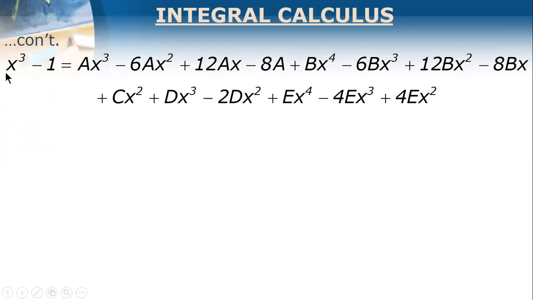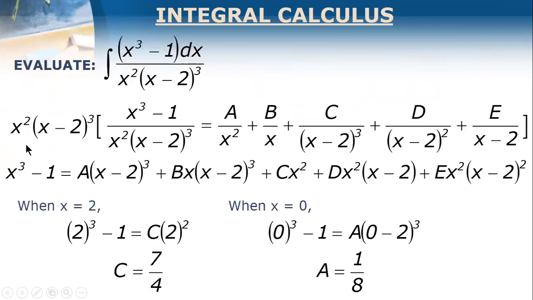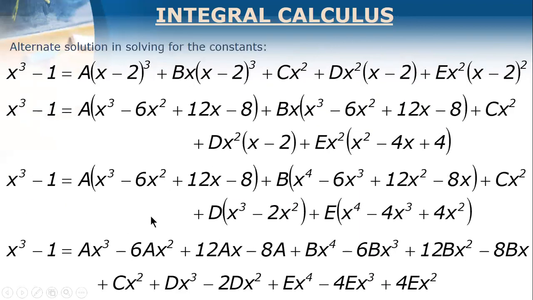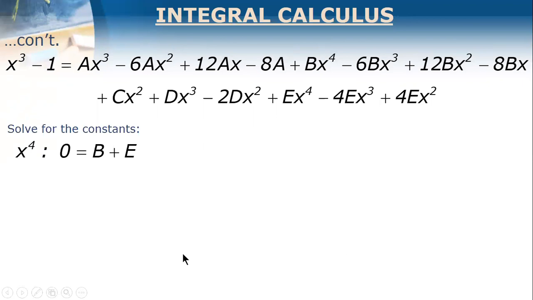And since we don't have a term containing x raised to 4 sa left side, therefore 0. And then we have this. X raised to 4, 0 sa left side because we don't have a term containing x raised to 4. And then sa right side, we have B and E.